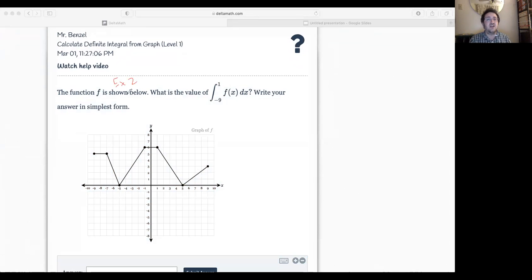So we have a graph of a function that is shown below, and we are going to go from -9 to 1. And I'm just going to kind of trace the area that we need to find.